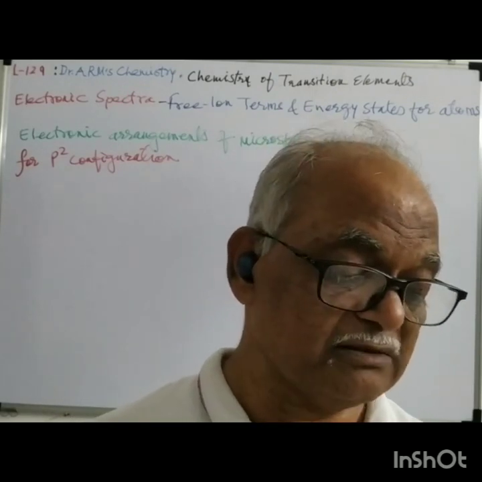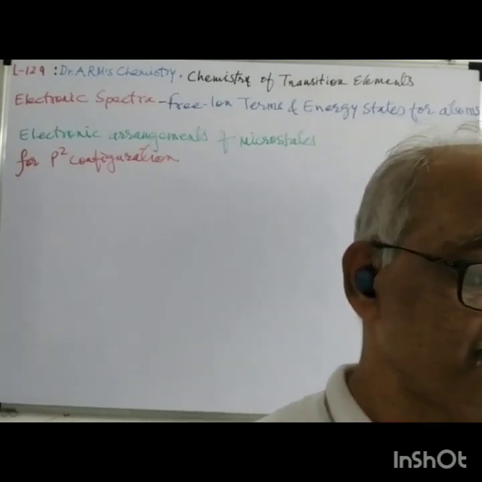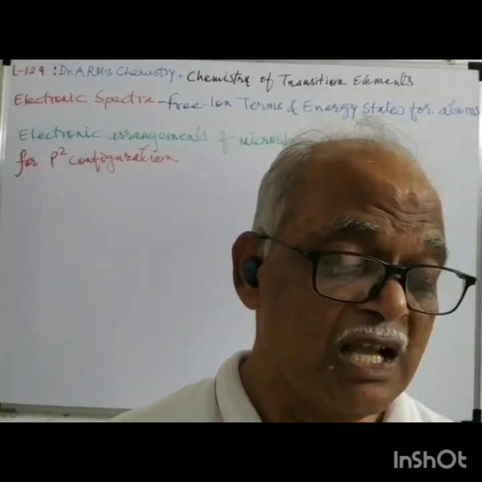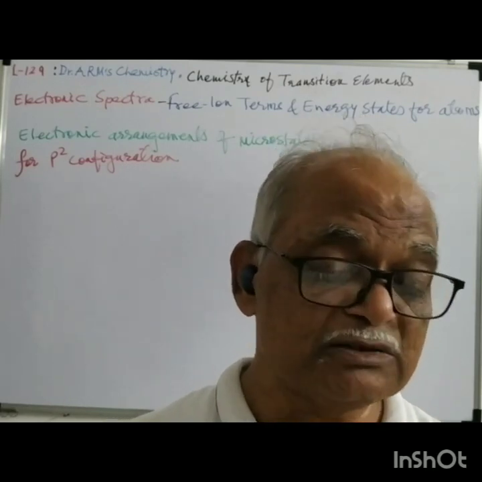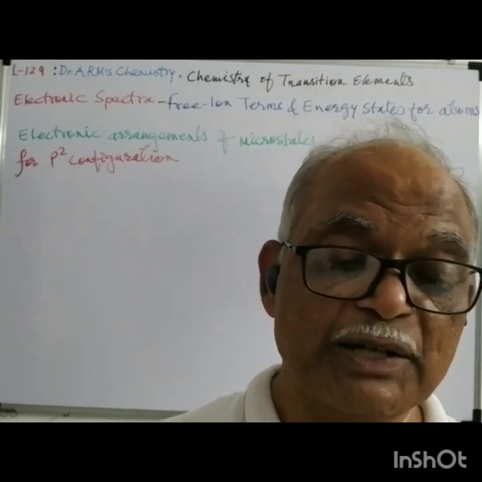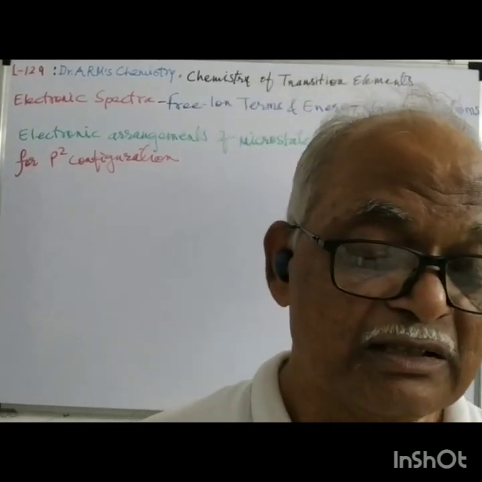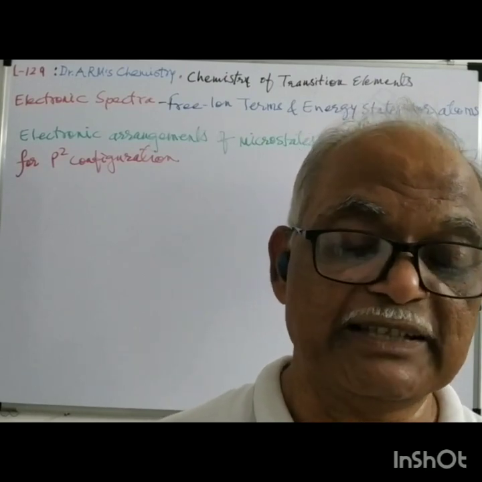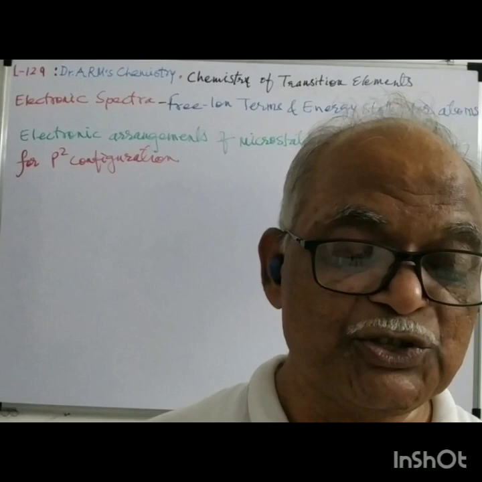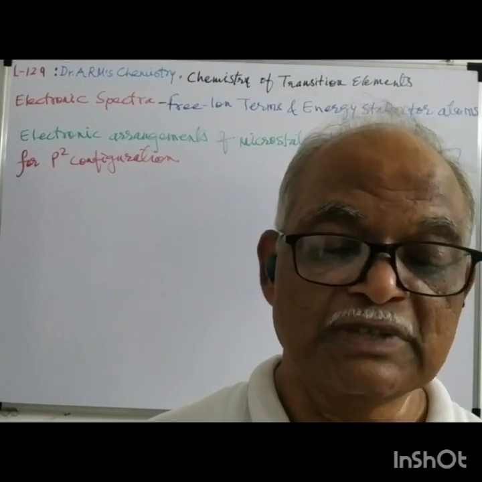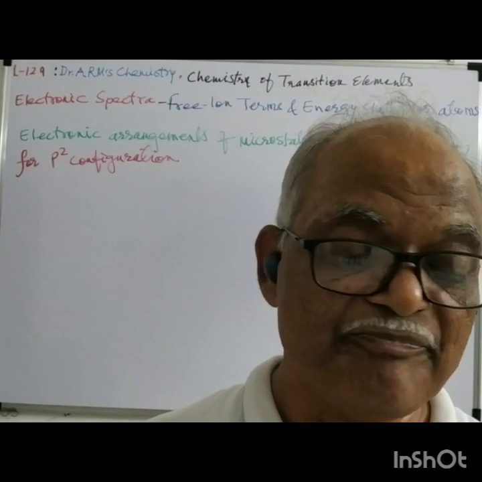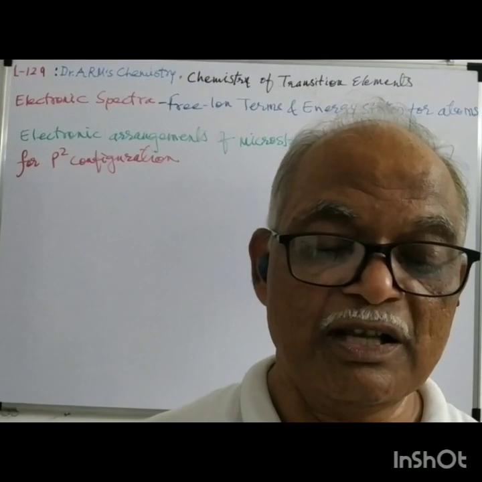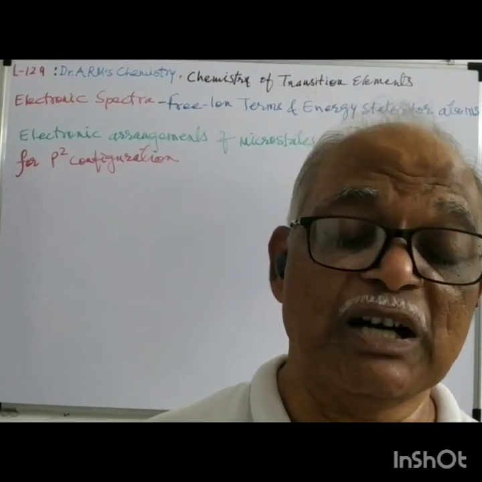Then, by the second way, by coupling of the fields produced by the orbital motion of electrons, that is orbital angular momentum. When several electrons occupy a subshell, the energy states obtained depend on the resultant orbital angular momentum. The resultant of all the l and ml values of the electrons is denoted by a new quantum number ML.